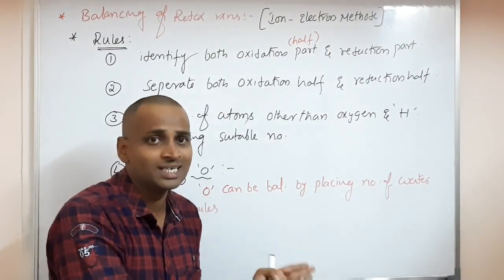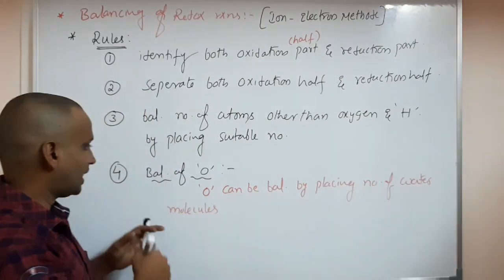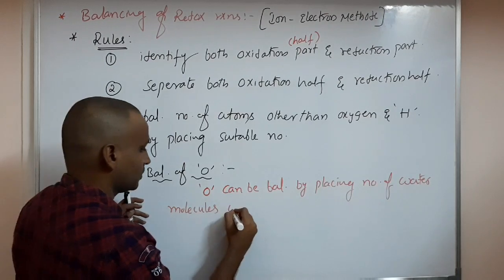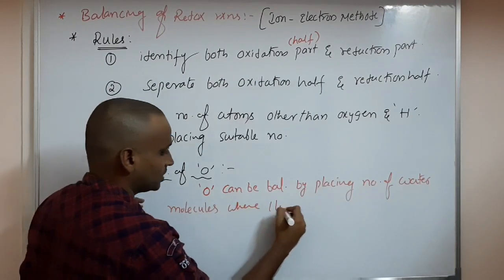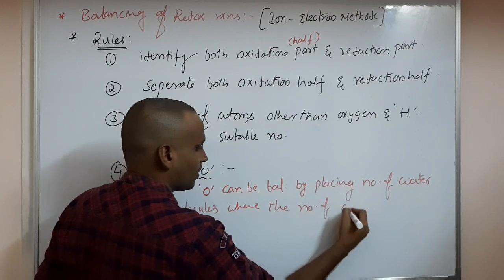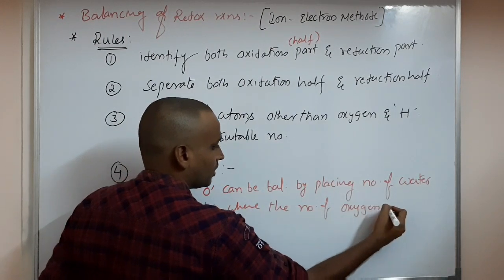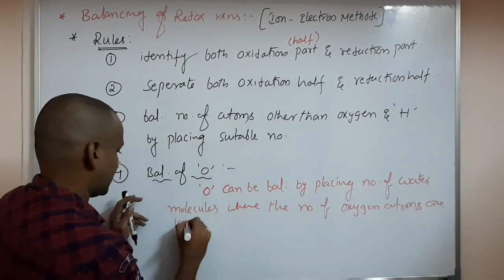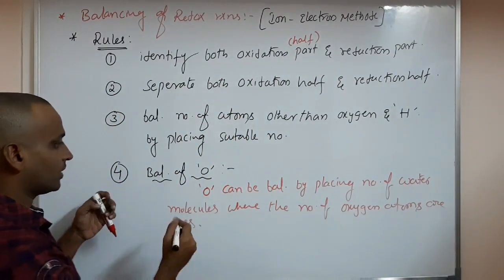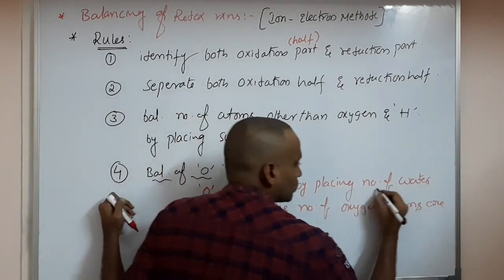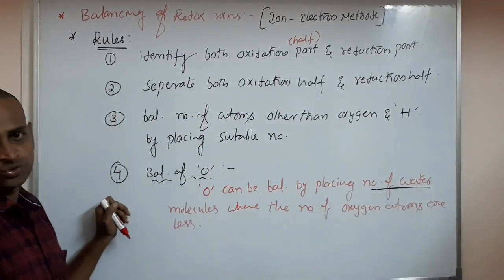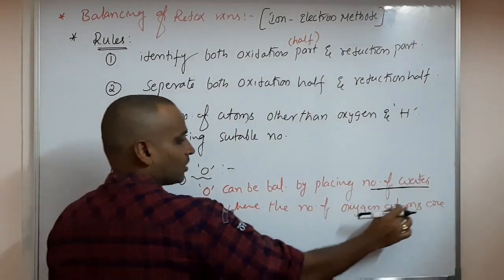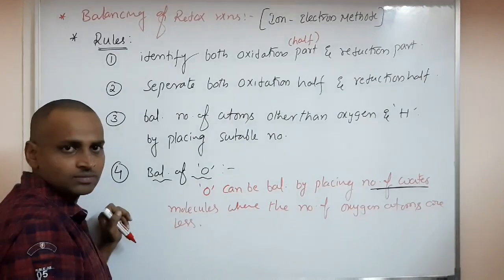How many oxygens are less? Okay, I repeat. Oxygen can be balanced by placing water molecules where the number of oxygen atoms is less. What I have to do is add water molecules where the number of oxygen atoms is less.